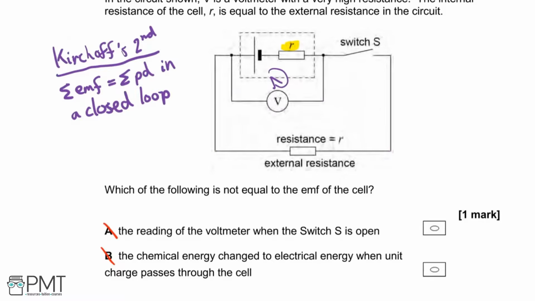So what we're interested in is in this closed loop, the outer closed loop this time, because we're saying that switch S is closed, the EMF of the cell has to be equal to the sum of the PDs. Remember Kirchhoff's second law. So actually each of those resistors, where they are identical resistances, each of those resistors has half of the number of volts of the EMF.